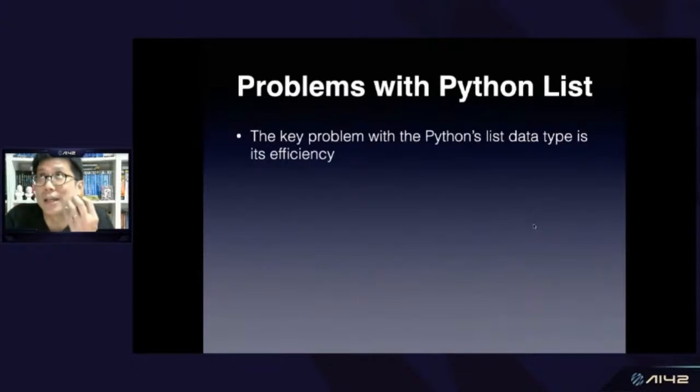So it's like an array in other programming languages, except that unlike arrays in other programming languages, it allows you to store items of varying data types. So in a typical Python list, you can store values of type integer, floating point, strings, booleans, and so forth. And because of this flexibility, there is a cost associated with it.